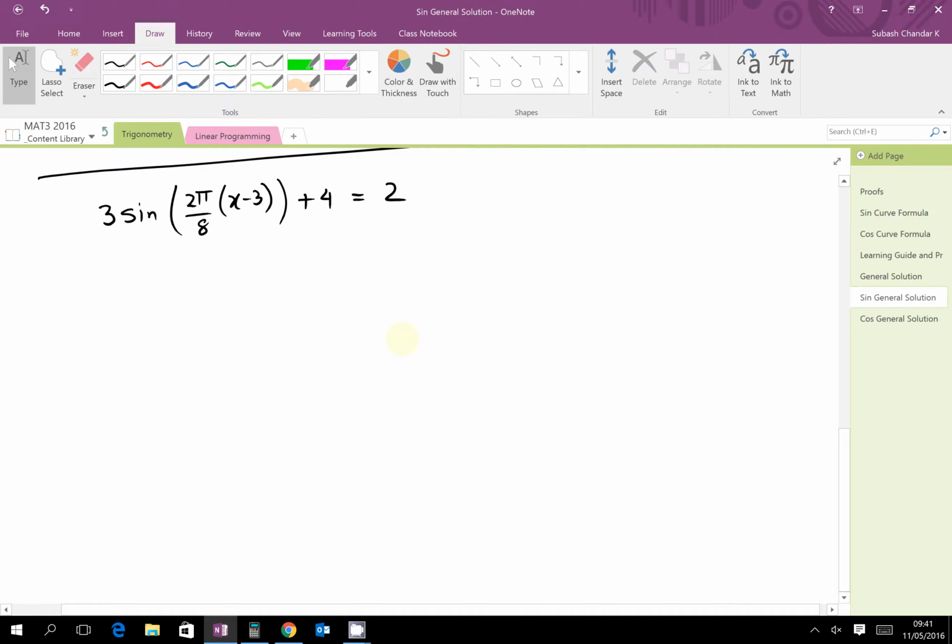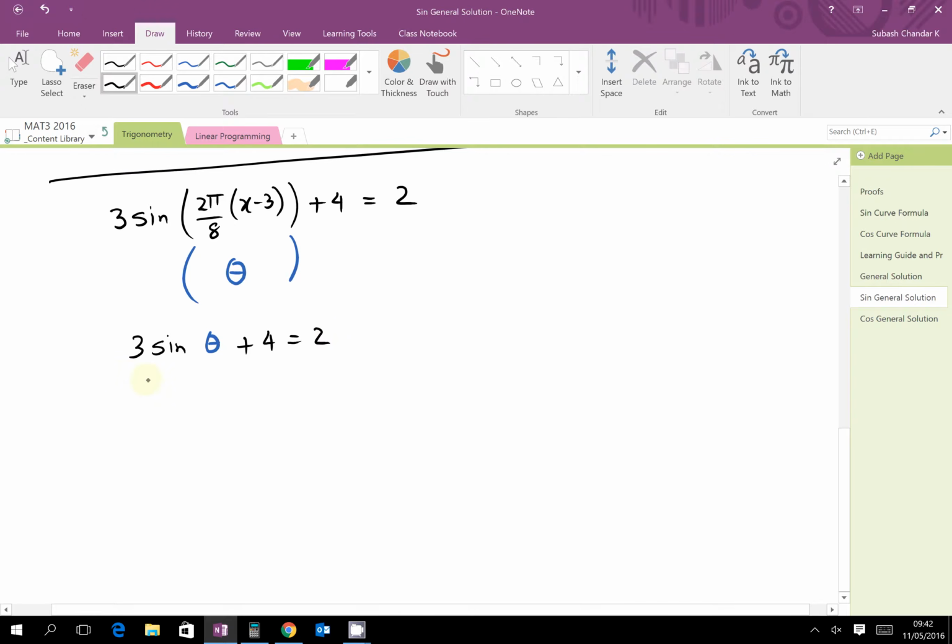So I'm going to do this for you guys. Just to make things easy, we're going to put this entire thing inside the bracket as theta. Does that make sense? So I can write 3 sine theta plus 4 equals 2. My whole aim is to bring it to sine theta by itself.